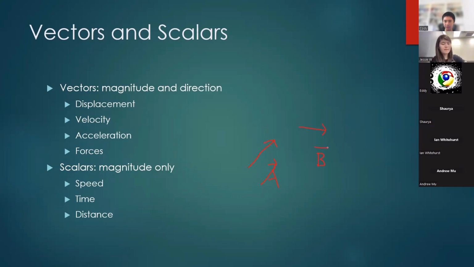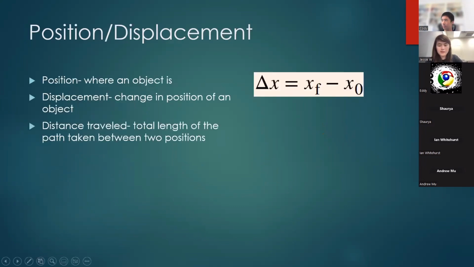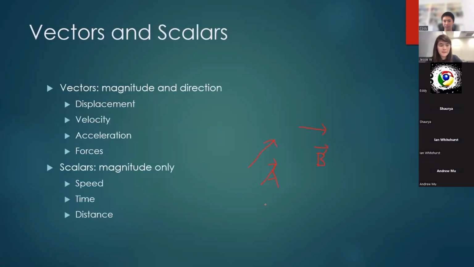This would be vector B. If you wanted to add vector A plus vector B, you take the tail end of one vector and put it at the point of the other vector, and then you draw it from one end to the other.